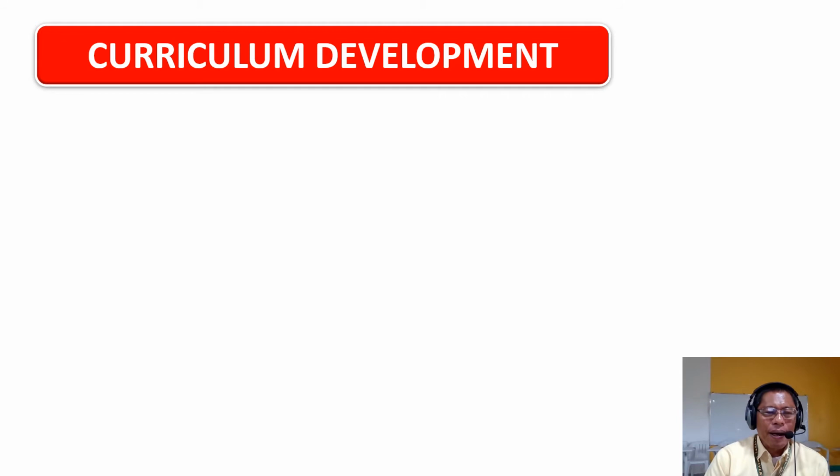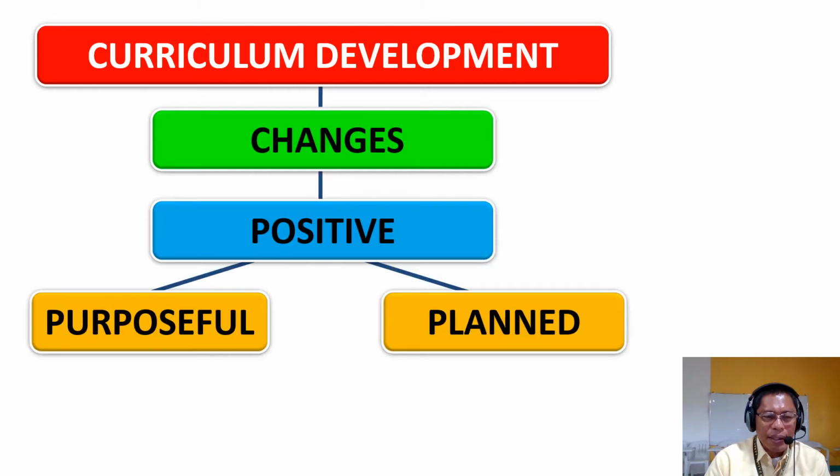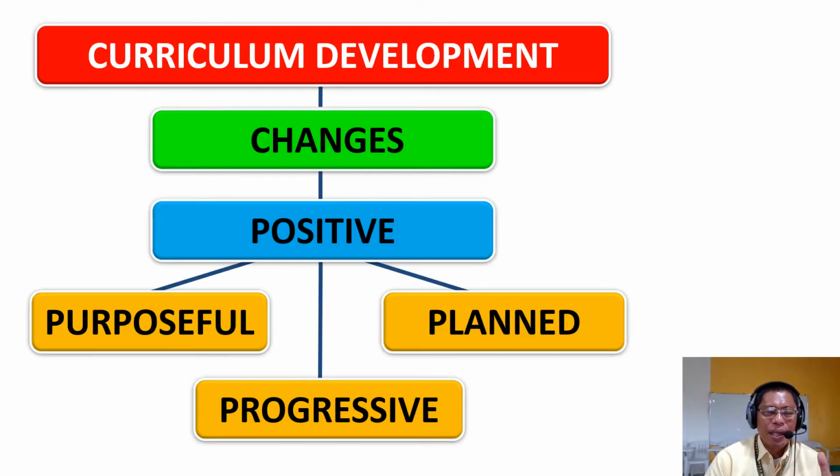So, pagsamahin na natin yung dalawang terms ngayon. Curriculum, we have already discussed it, no? Development, we have already discussed it separately. Let's put them all together. Curriculum development. Ano siya? Ayan. So, curriculum development, ito yung katatapos lang natin, no?